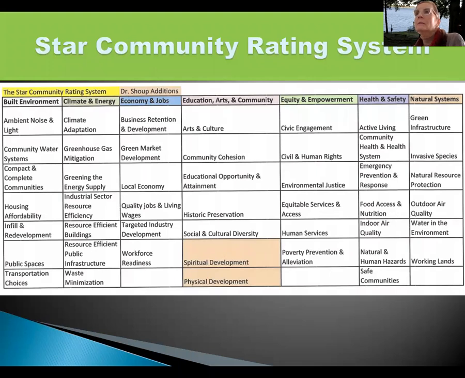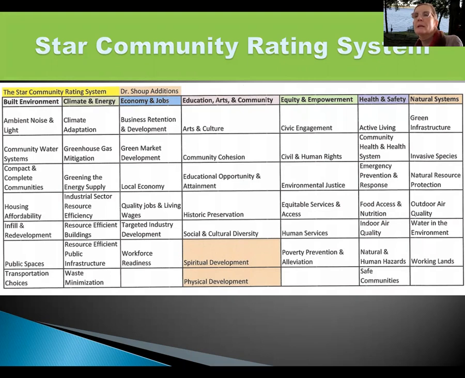We looked at all of these categories, and each of your teams has selected the types of things that you feel are areas that need to be included in your sustainability plan for either your city or your campus. So this is the STAR community rating system. I did have a couple of additions.